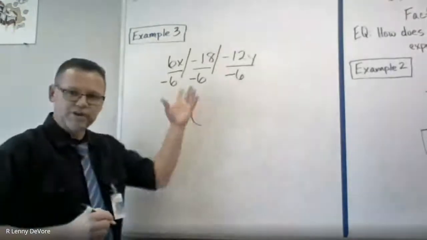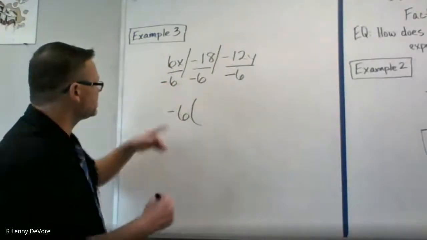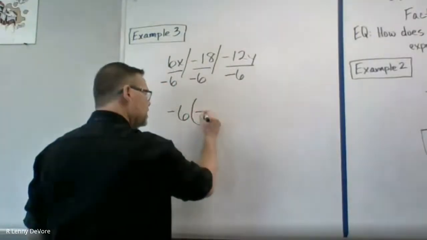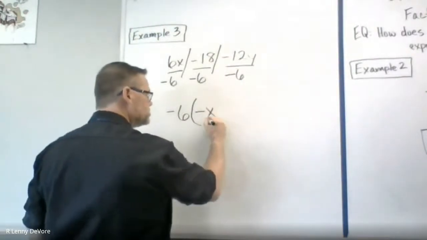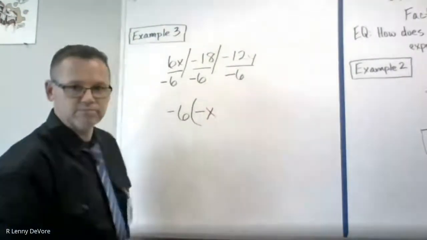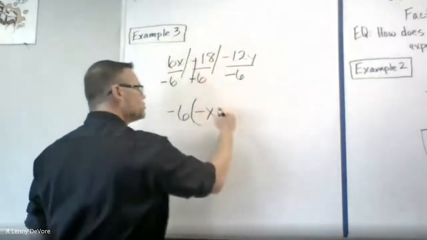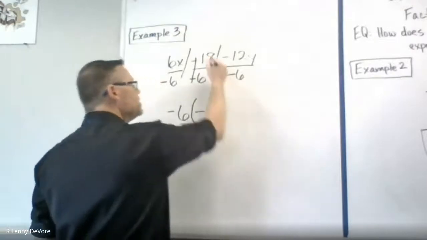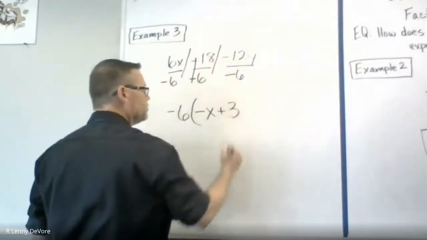Now, this at this point is just your regular division problems. 6 divided by negative 6 is going to be a negative, and I could put a negative 1, but I don't need to. It's just negative x. Okay? Then the next one is the negatives cancel each other out, so we're going to get a positive, and then 18 divided by 6 is 3.